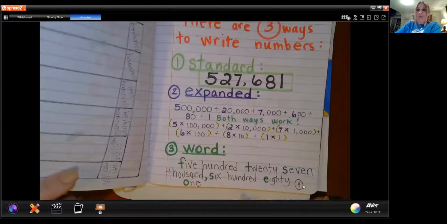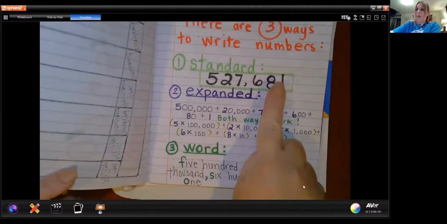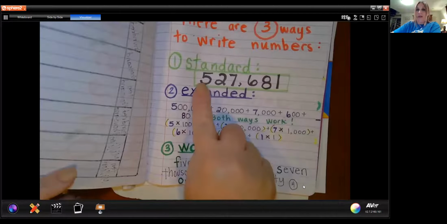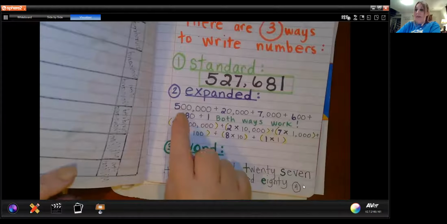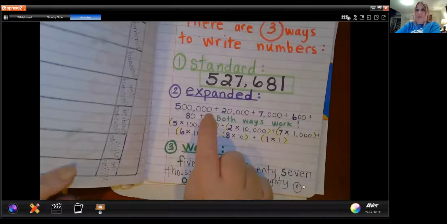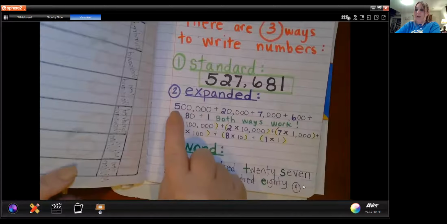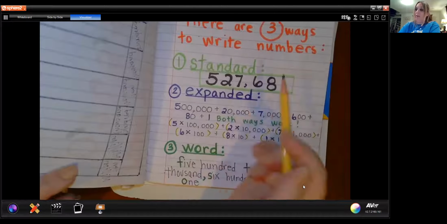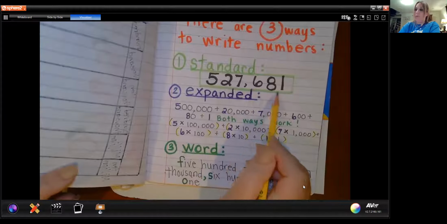So as a reminder, there's 3 different ways to write numbers. Standard form, you just write the digits. Remember, we start on the right and we move to the left. Expanded form is where I take the digit and expand it based on the value. Here's the number 5. How many places are there after the number 5? 1, 2, 3, 4, 5.